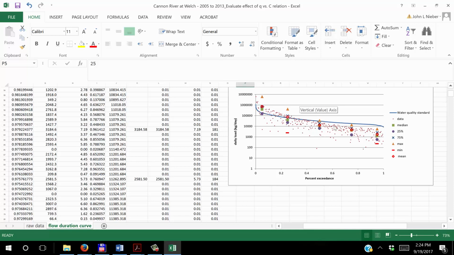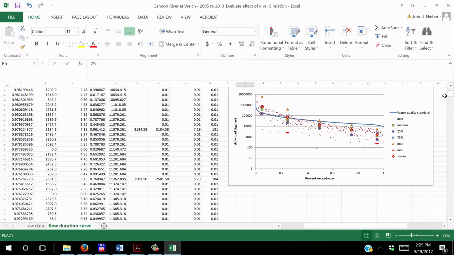Now, this spread of these lines, or these different values at different percent levels, that's usually referred to as being a box whisker plot, although I don't have the box on there. But basically, a box whisker plot would show a range of values, the median, the 75% quartile, and 25% quartile. And also it would show usually the 10% and 90% quartiles.